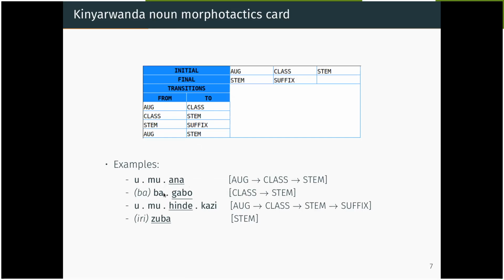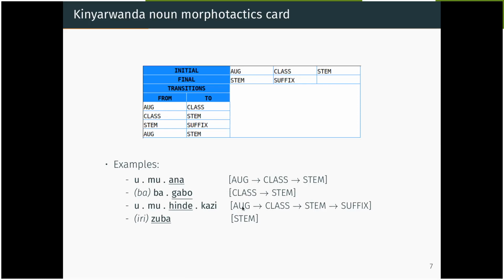So for example, here you have umwana. It starts from an augment, you go to the class marker, and you go to the stem. Or you can start from the class and you transition to the stem. Then vagavo: you don't have an augment in the beginning, so you say vagavo.